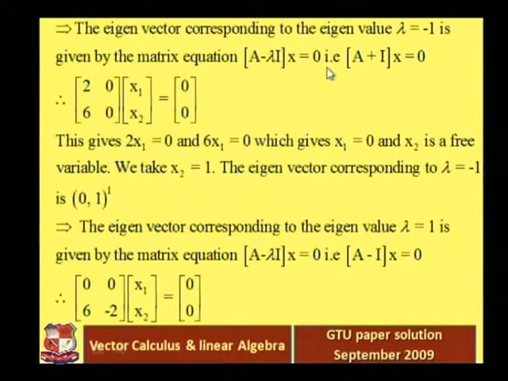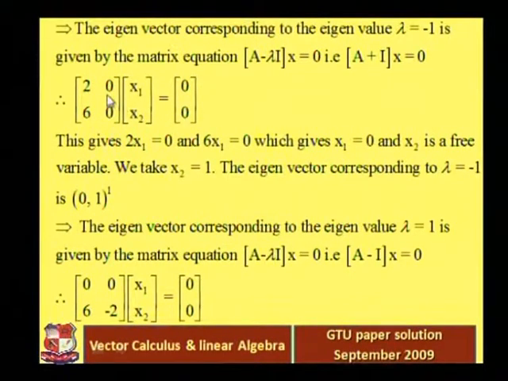So instead of lambda we put minus 1, and we will get A plus I into x, that is equal to 0.